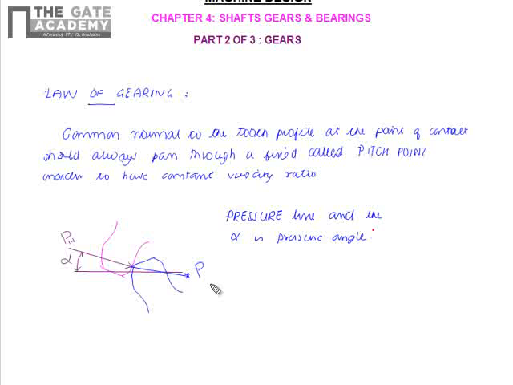So whenever two gears are mating, the tangential velocity of one should be equal to the tangential velocity of the other, or we can say r1 omega 1 is equal to r2 omega 2, or we can say d1 omega 1 is equal to d2 omega 2, or we get a relation for the law of gearing.